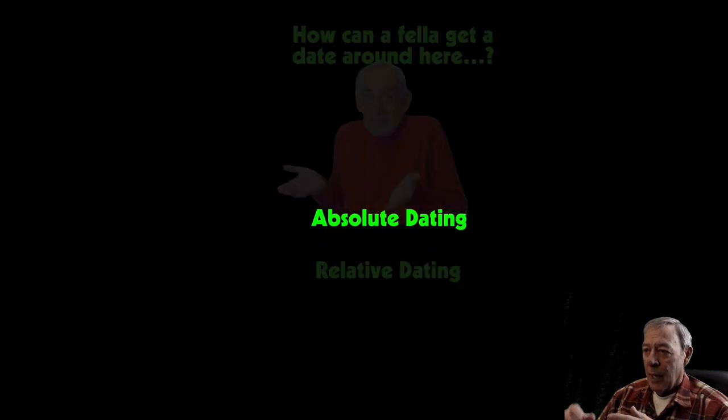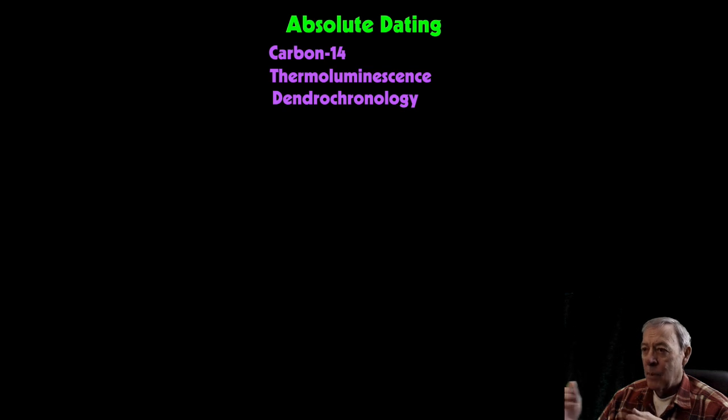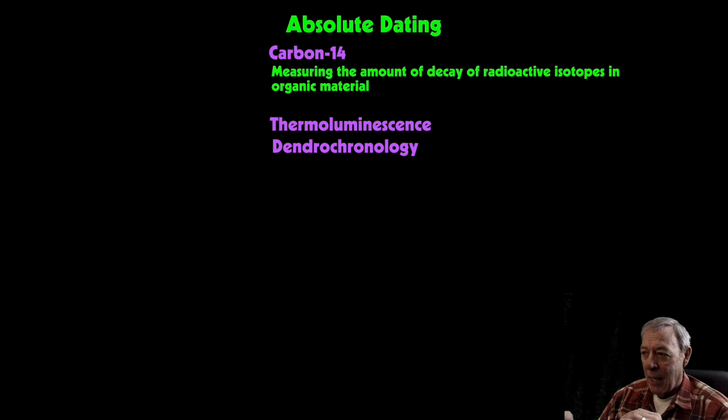Now, absolute dating includes such things as carbon-14 dating, thermoluminescence dating, and dendrochronology. So let's just look briefly at each one of these, not going into them in any particular depth, but just giving you an idea of what is involved here. So with carbon-14, it's a question of measuring the amount of decay of radioactive isotopes in organic material.